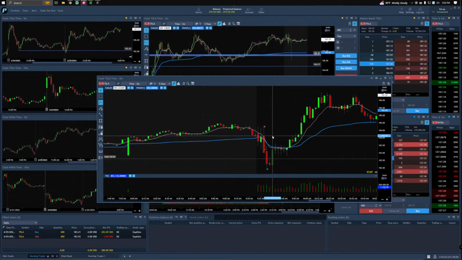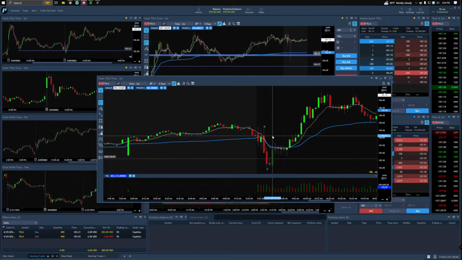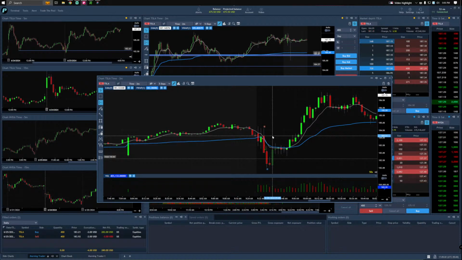I haven't been really using stop losses because it's another good thing about Trade the Pool. Per trade you could risk 30% of your daily loss. I think I'm saying that right. Okay, so the daily loss is 1,300. It's like 400, I don't know, 420 or something like that you could risk per trade, right?